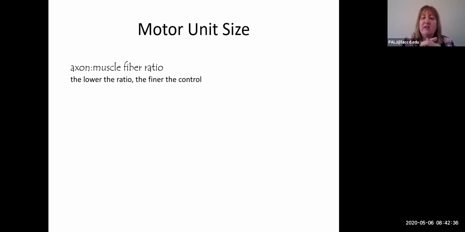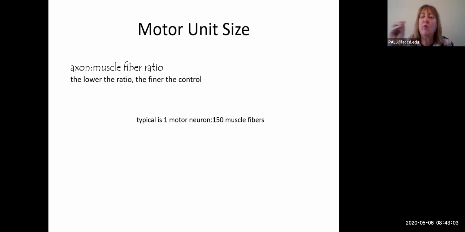The lower the ratio, the lower number of cells being contracted per axon, the finer the control is. So I guess it's the higher the ratio. Anyway, let me give it to you in numbers so you understand it. Typically, it's about 1 motor neuron going to 150 cells, not the 3 that I showed, but 150.